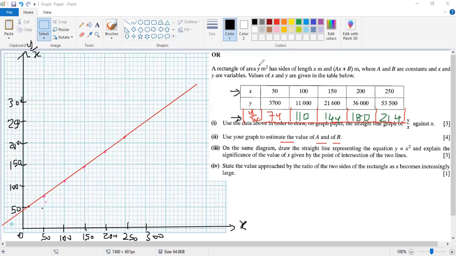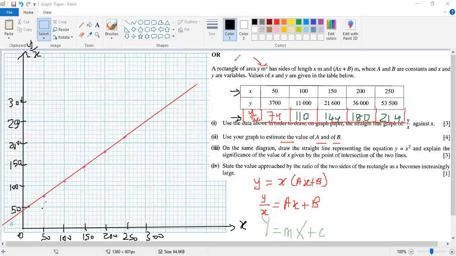So we need to understand how the equation is formed. This is a rectangle, so we're going to do a little bit of algebra here. So y equals the side lengths x and ax plus b. If I were to rewrite it, you can say just bring the x to the left, don't multiply out. So this is something like y over x equals ax plus b, which is like y equals mx plus c.